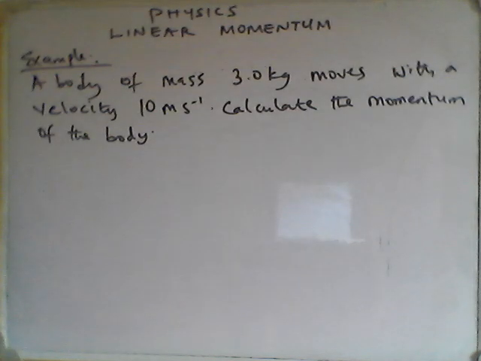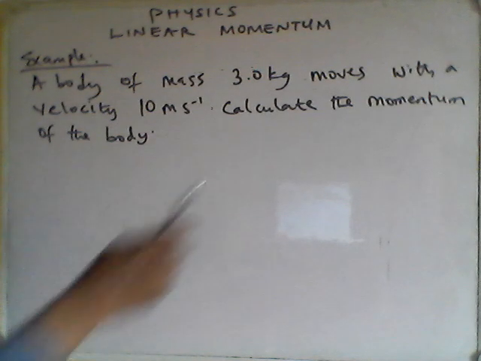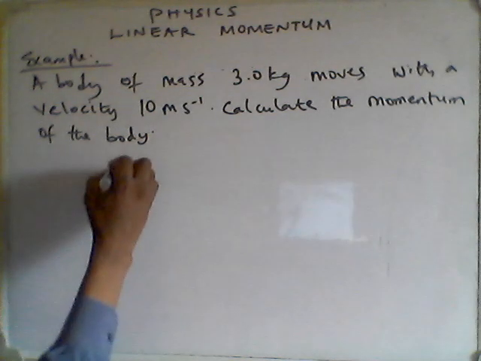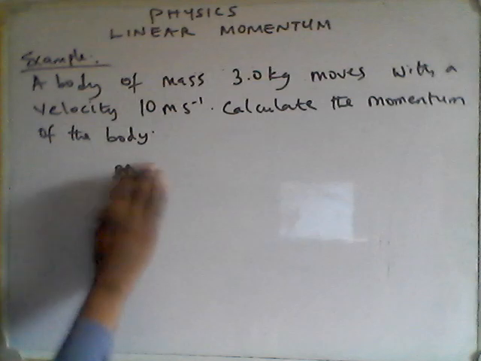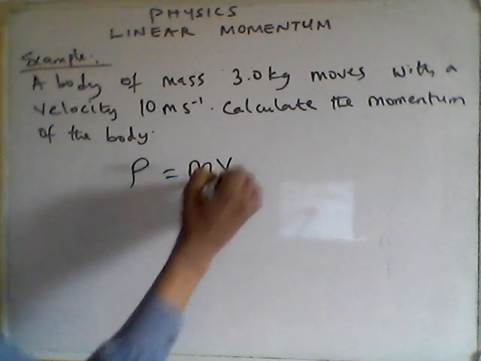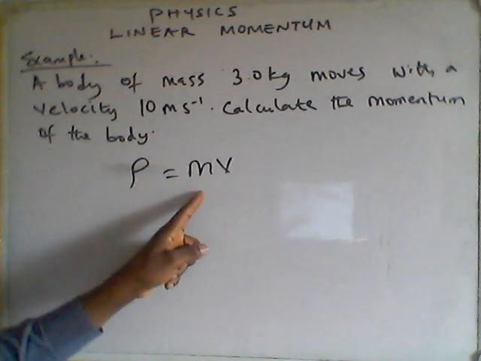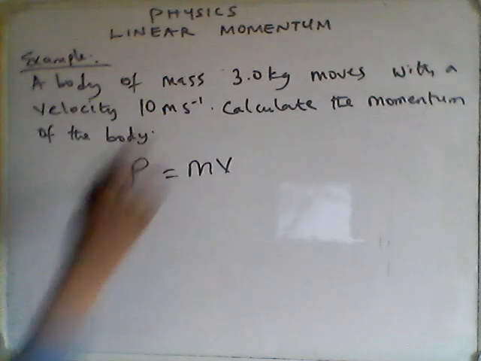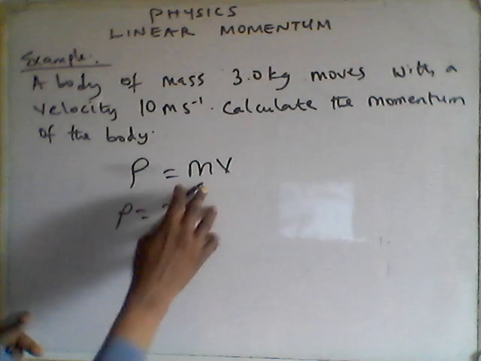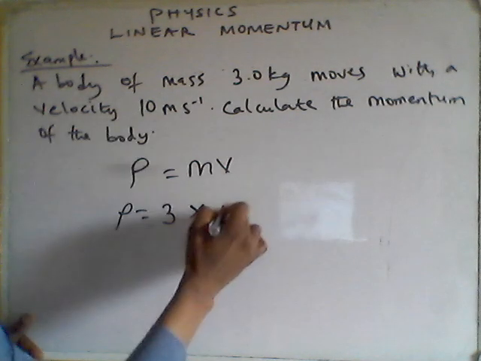This second example is saying a body of mass 3 kg moves with a velocity of 10 meters per second. Calculate the momentum of the body. So we are given that momentum, which I represented with rho, is equal to m times v, where m is the mass and v is the velocity. From the question we plug in: momentum is equal to 3 kg, the mass, times the velocity, 10.